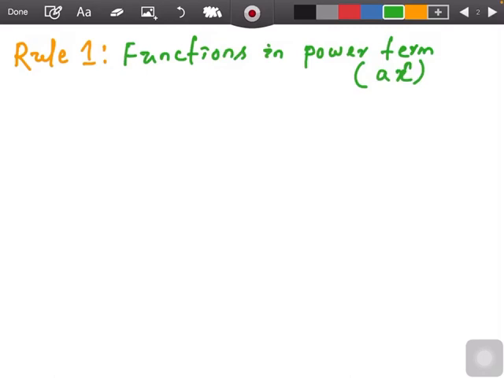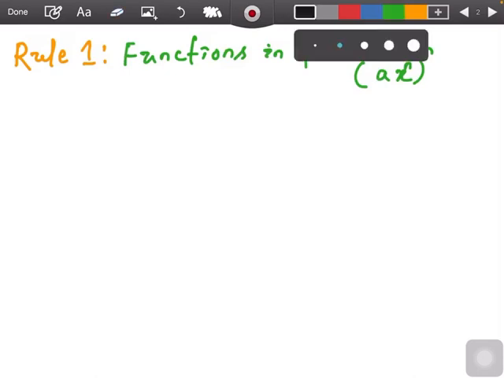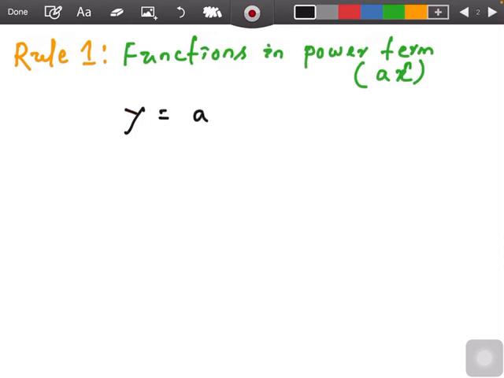If y is expressed in terms of power term, how can you find the derivative? Here y is equal to a x to the power n.